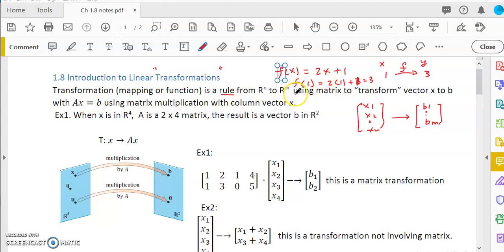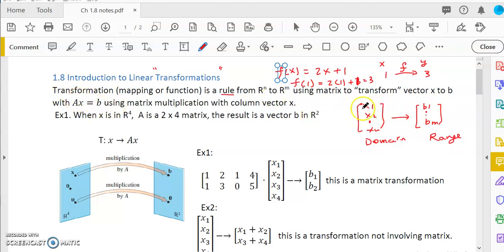One way to do it is you can use a matrix to transform it. How do you get the B? This is the domain, it's basically just like a function, and this is the range. To get from x to this B you use matrix multiplication.